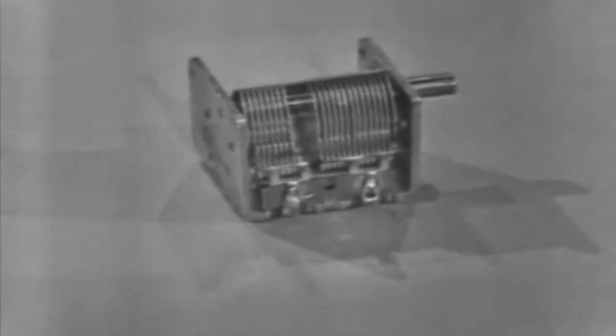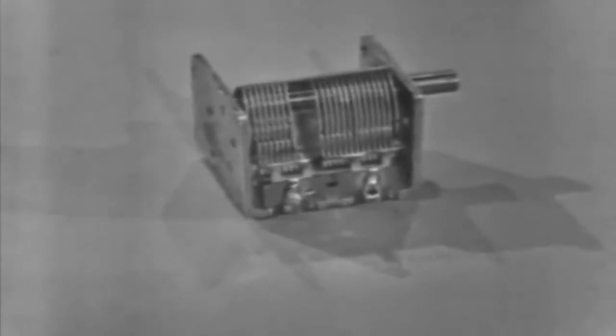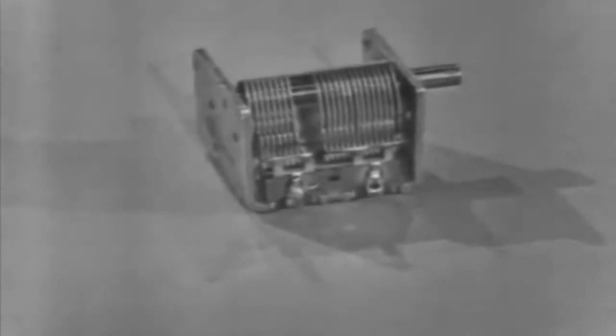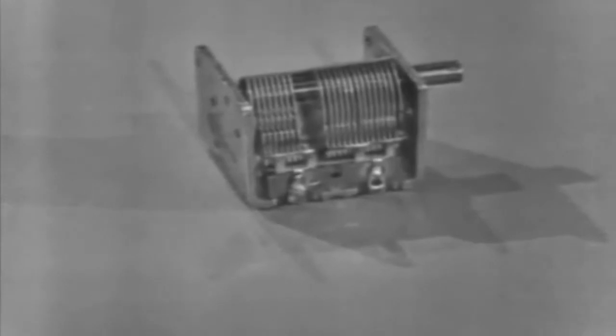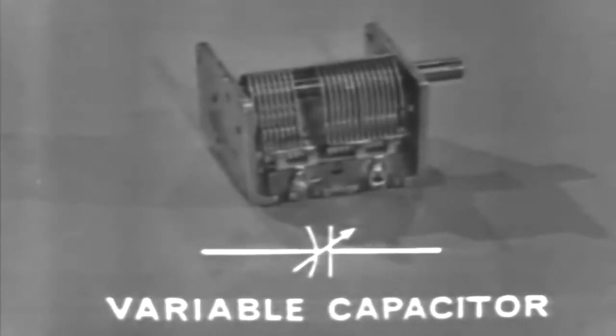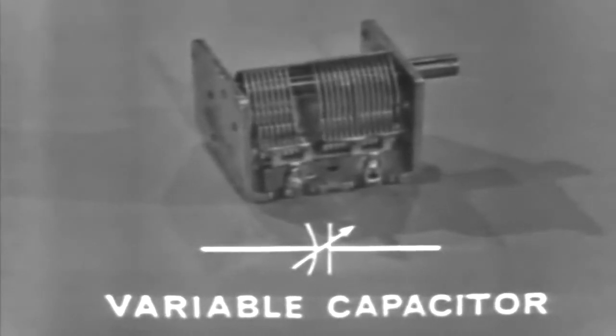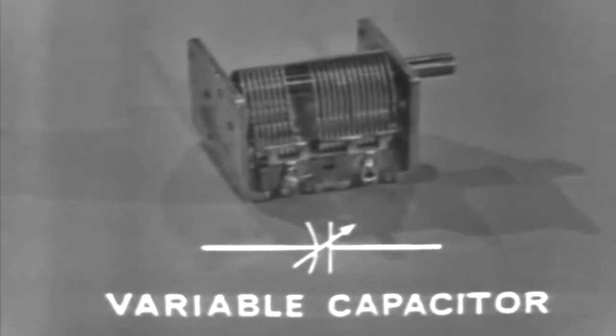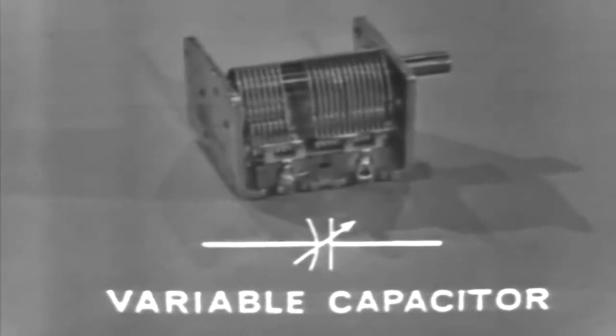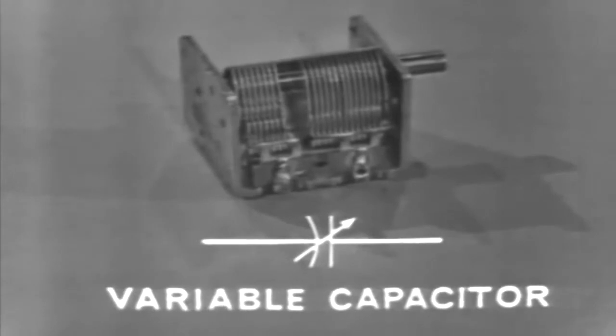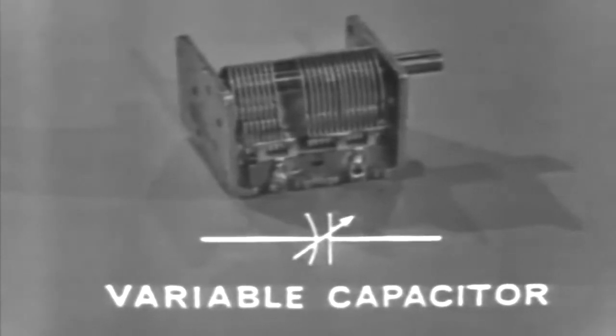This capacitor uses air as a dielectric between the plates and is a variable capacitor. The symbol for a variable capacitor is the normal capacitor symbol with an arrow drawn through it, as is shown here. This indicates that the value of the capacitor can be changed.